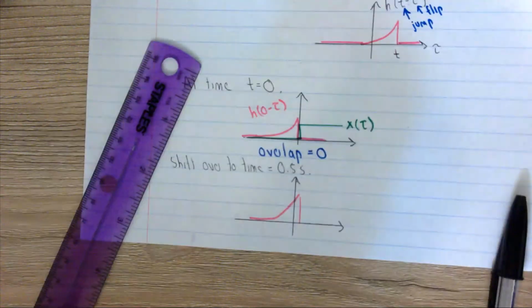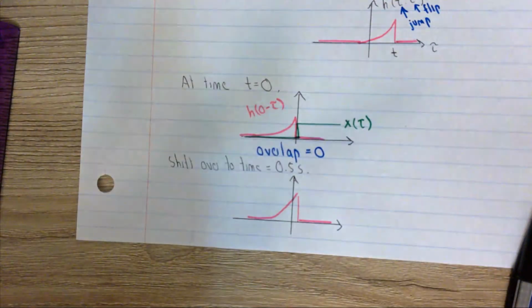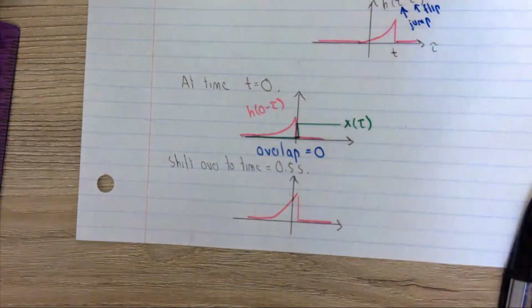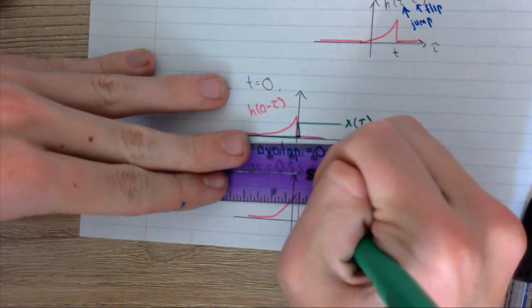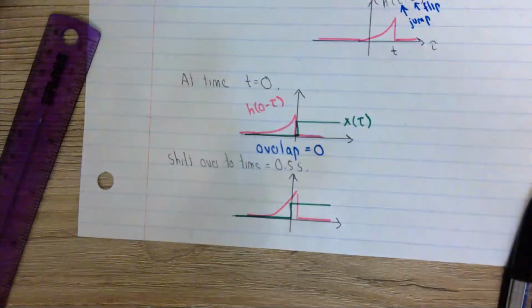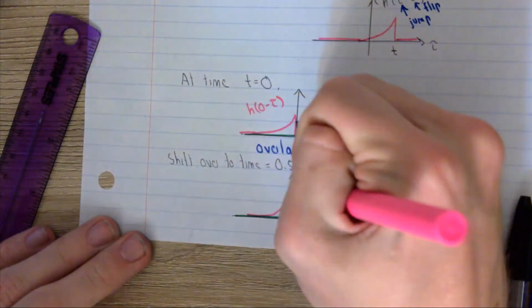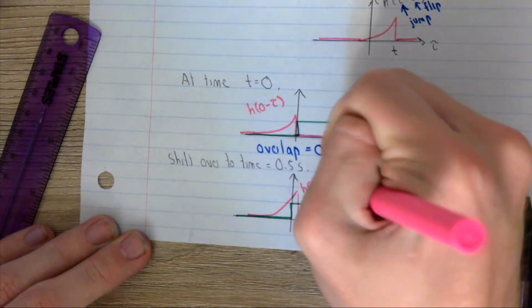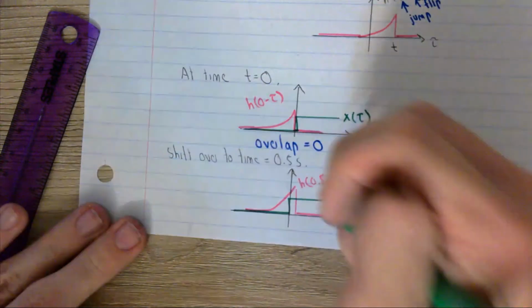Then the x of tau just stays in place for this entire thing because it's in terms of tau, not in terms of t. The only term that's in terms of t is the h of t minus tau. So this would be h of 0.5 minus tau, whereas this is still our x of tau.